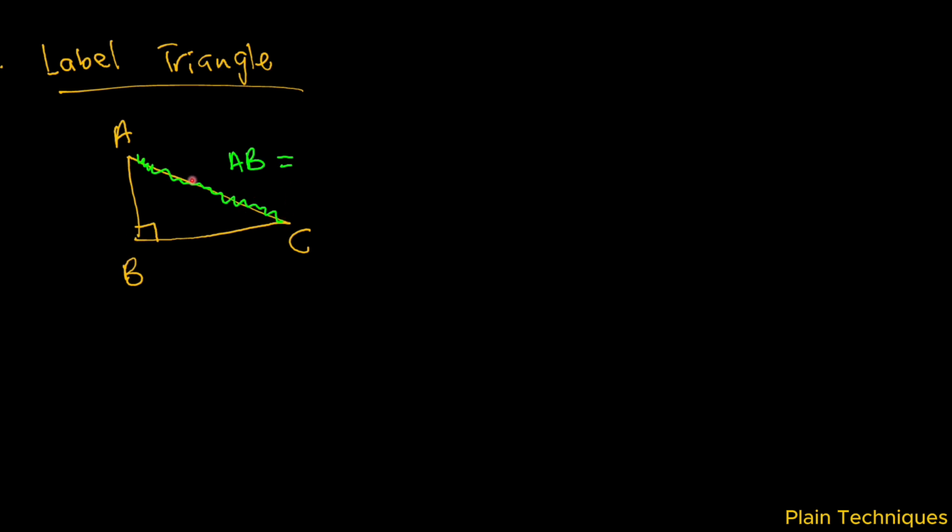The letter that is opposite this side is capital letter B, meaning this side can also be called lowercase b. That is what I'm going to do, lowercase b. Now, what would you call this side? Let me put that in red.